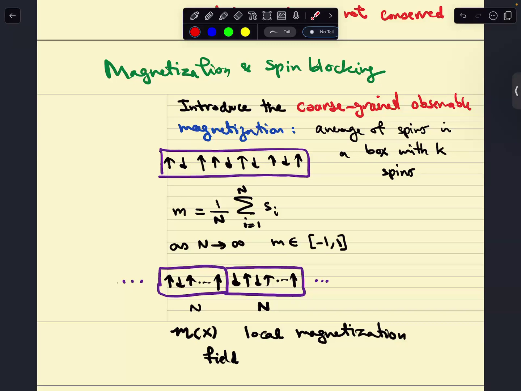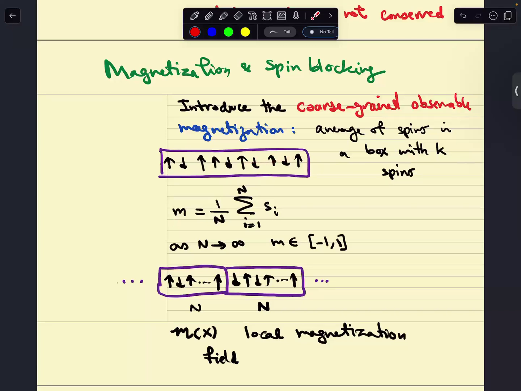So if you're working in such a limit, the relevant degrees of freedom are not the individual spins, but coarse-grained, averaged quantities, like magnetization. For example, if within one unit cell that you can resolve you have n of these spins, the thing that could be measurable is the average of the sum of these. This is called magnetization.